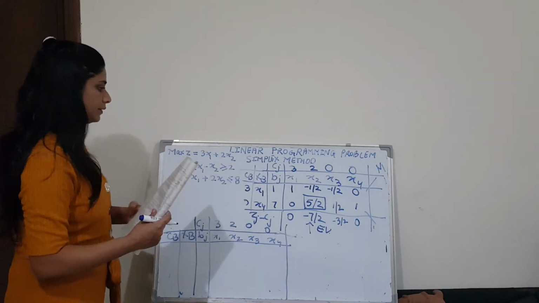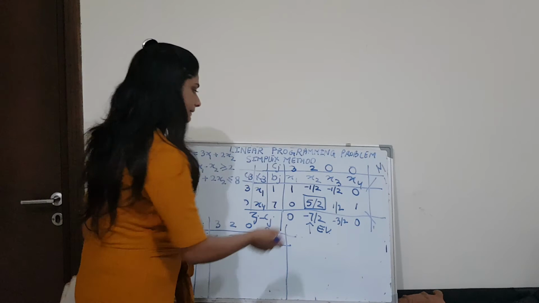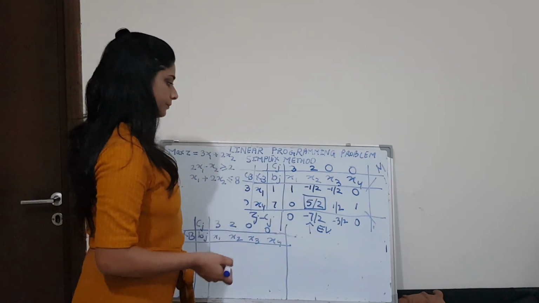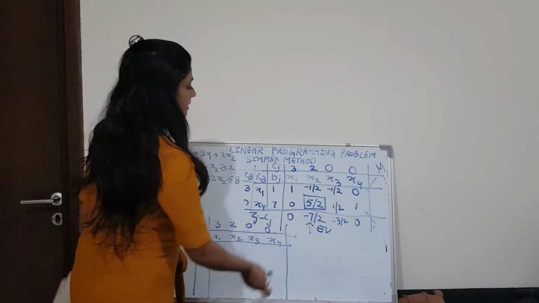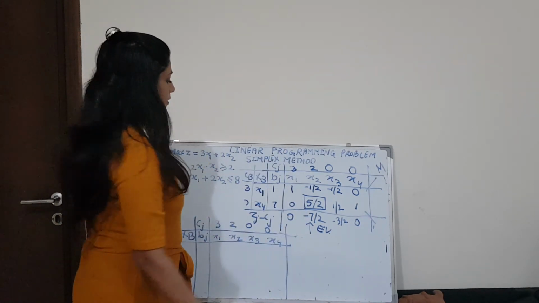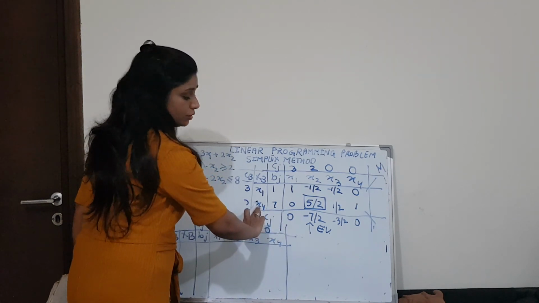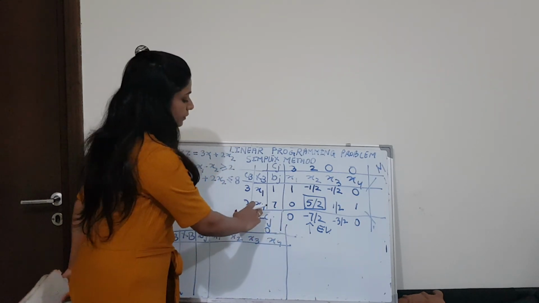Now what we will do, the process is the same. This is the outgoing vector. Now at this place we need to make 1. And this is the entering vector. Entering vector we are getting from the second column, and outgoing vector we are getting from x4, the second row.